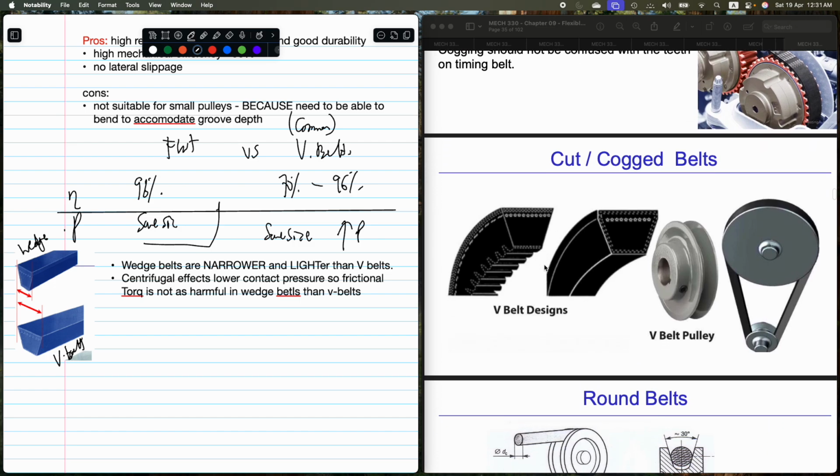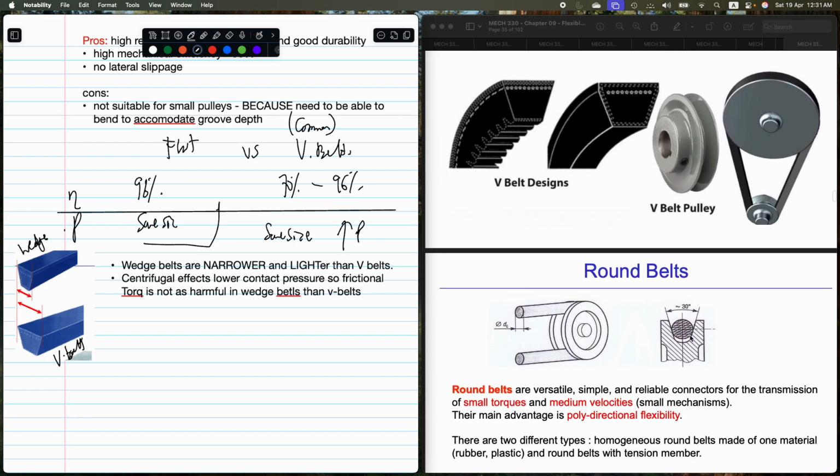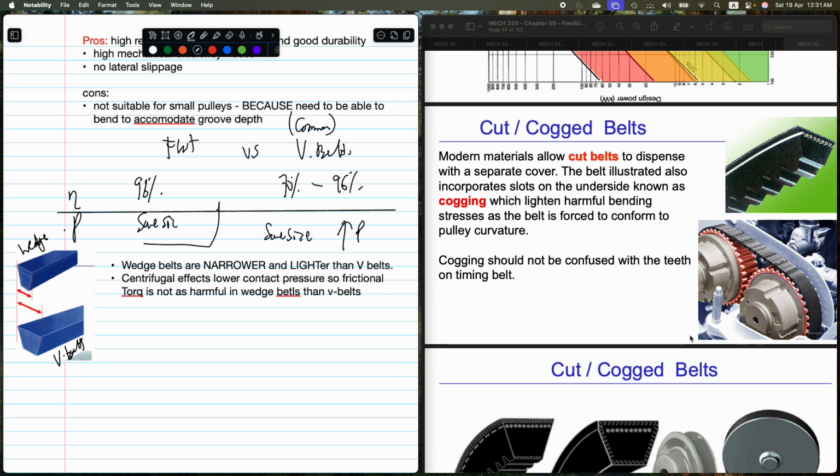So this is a cog belt, V belt design, V belt pulley. So we have cogged belts. Now with these cog belts, what we have is something like this. No, not like that. Something like this.